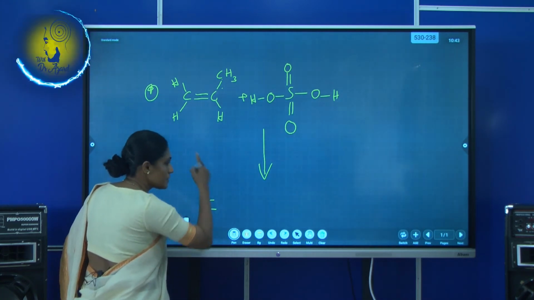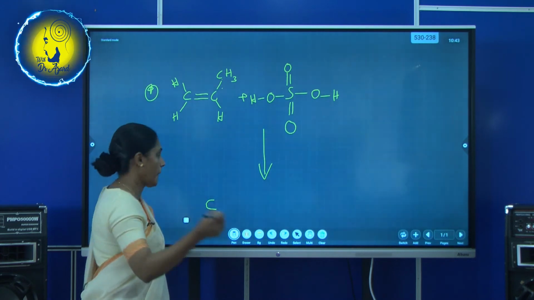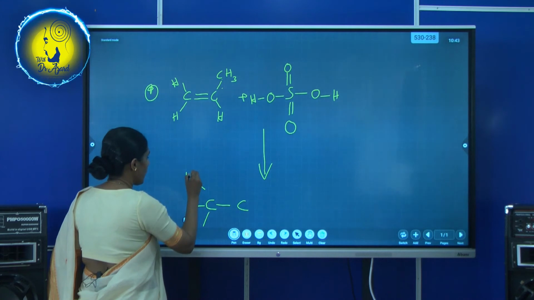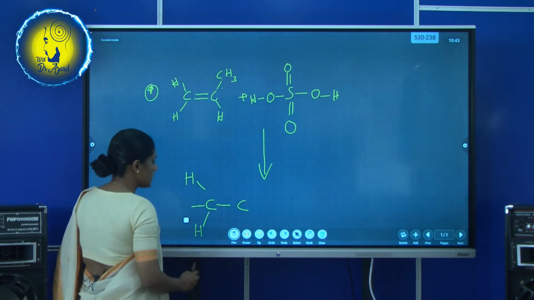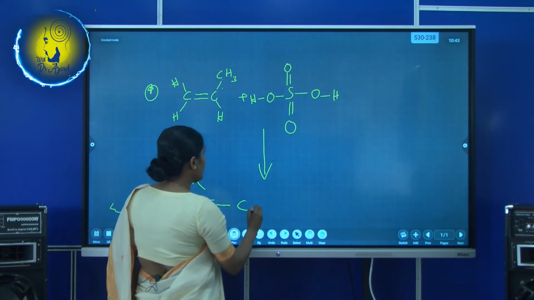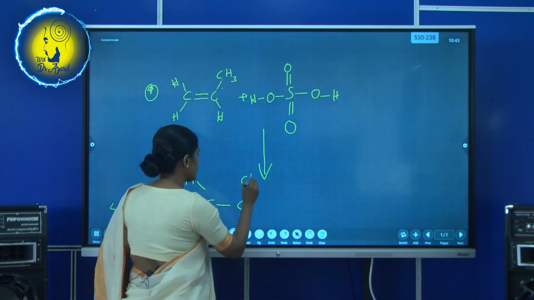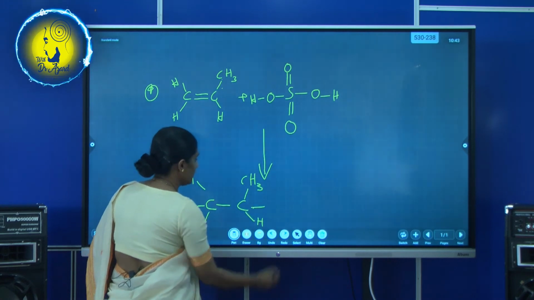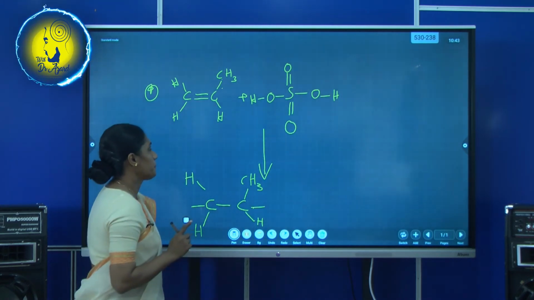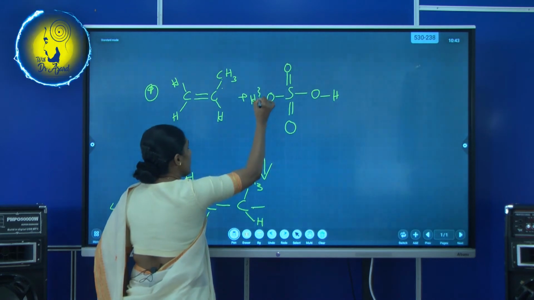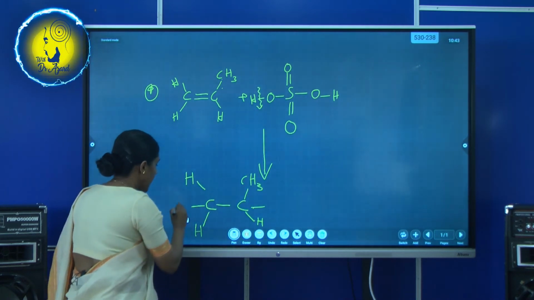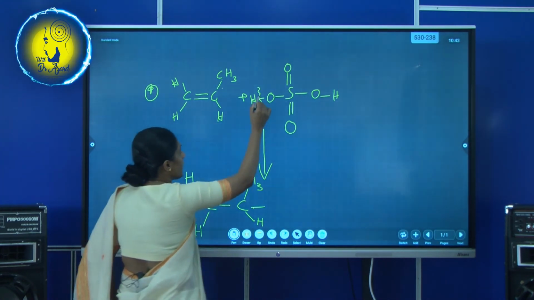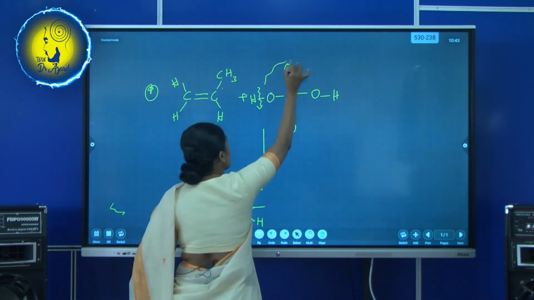Now there is no more alkene here. Let's draw the bonding. Once you had hydrogen here, another hydrogen was represented here. Here you had the CH3 group and you had hydrogen here. Right. What will happen? We break this bond and take that hydrogen here or here, no problem. So then the rest of the part is this.